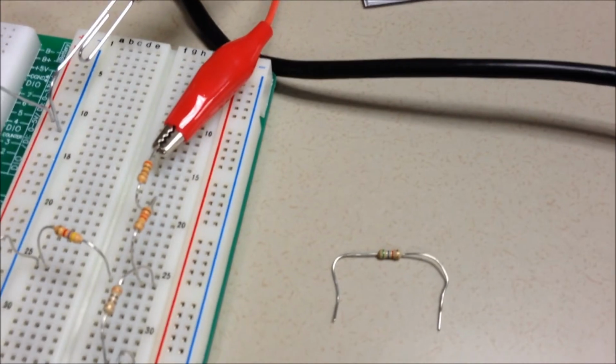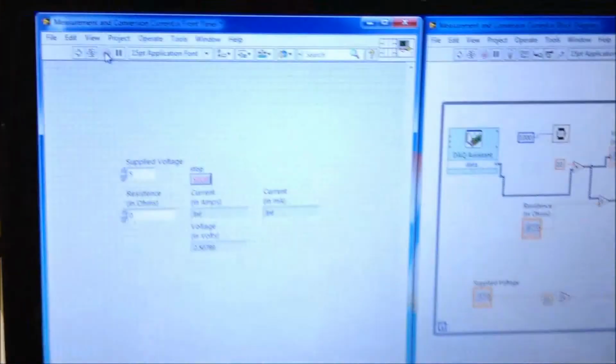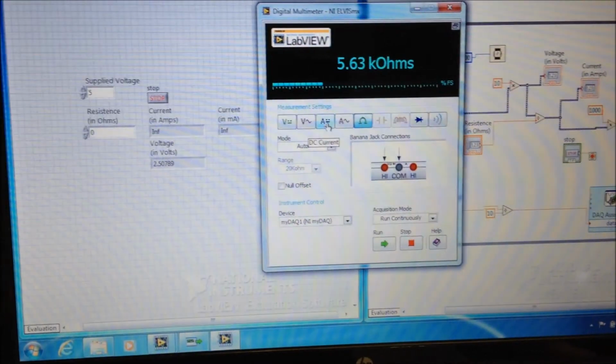Now measuring I short circuit, you want to leave the load resistor out of the circuit, but this time instead of using the LabVIEW VI that we have been using, I'm going to use ELVIS for this.